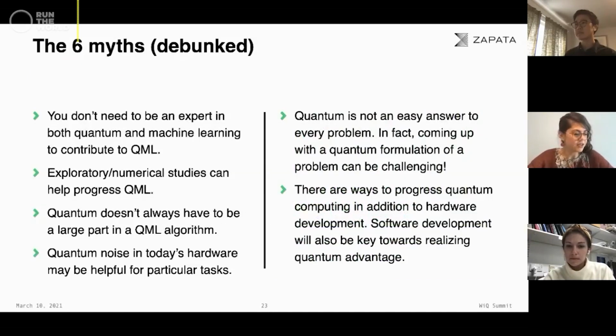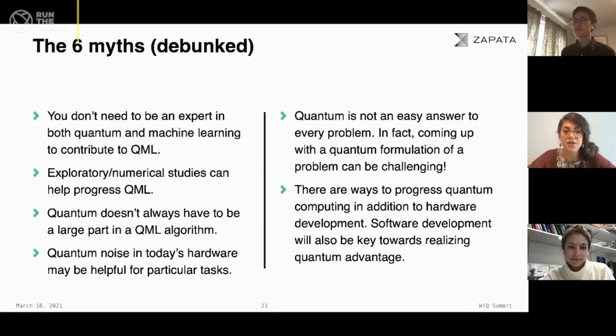So just to conclude, before we go into the Q&A session, let me briefly remind you of the 6 myths that we talked about today and debunked. First of all, you don't need to be an expert in both quantum and machine learning to contribute to QML.